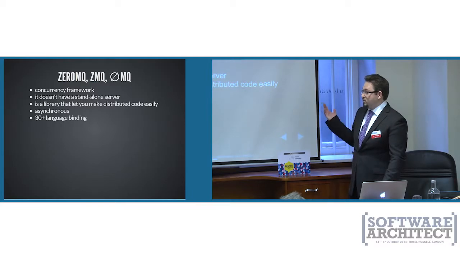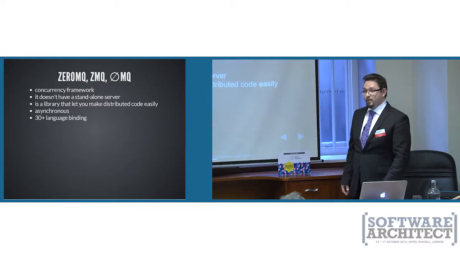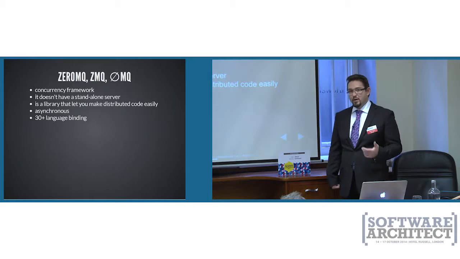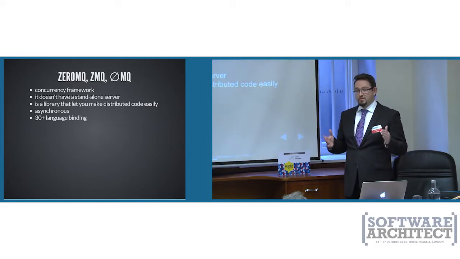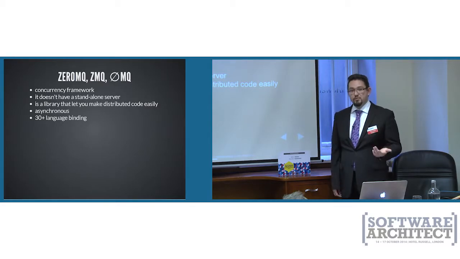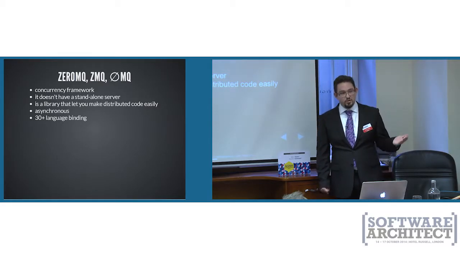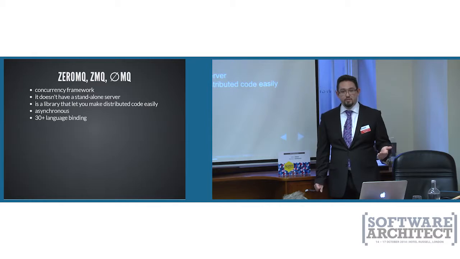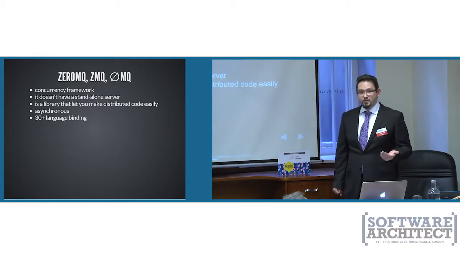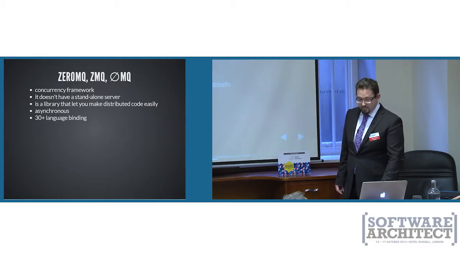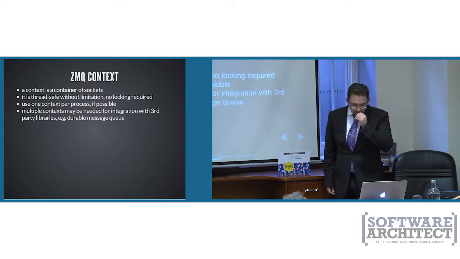And it has more than 30 language bindings. Some of them are not bindings, but because ZeroMQ is quite small, it's easy to rewrite in any other language. So for example, the Java solution is written in native Java, and it's way faster than, for example, a classic C binding.